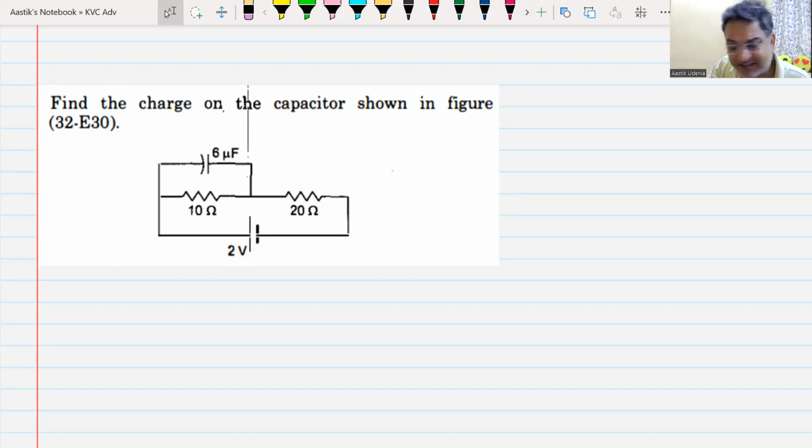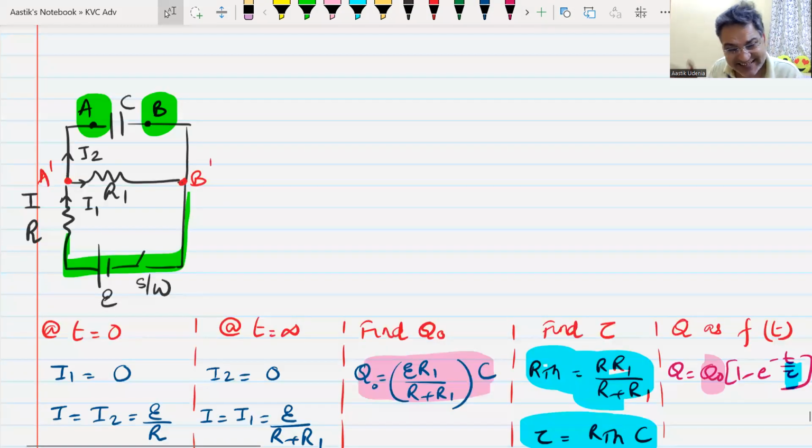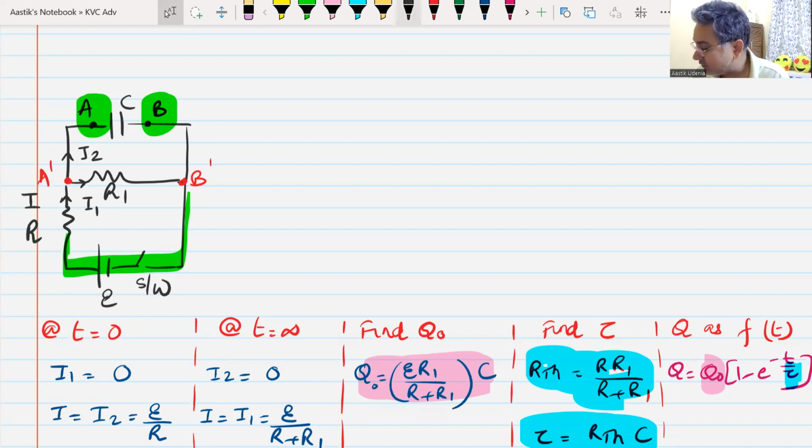This question, my dear friends, 6 microcoulombs, is exactly the same as this question. Do we realize this? Same. The value of C is 6 microfarad.